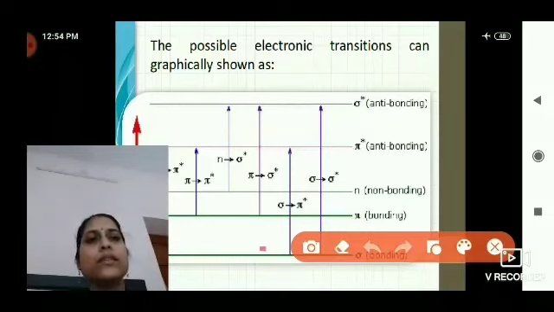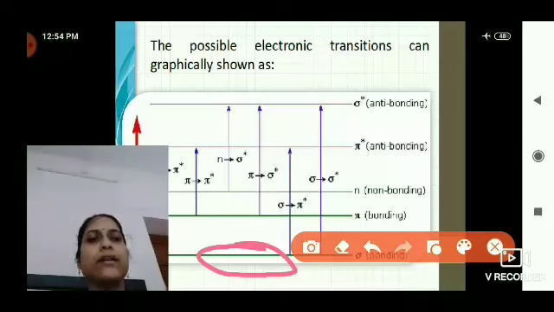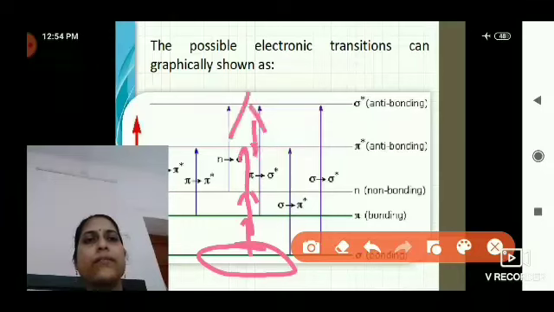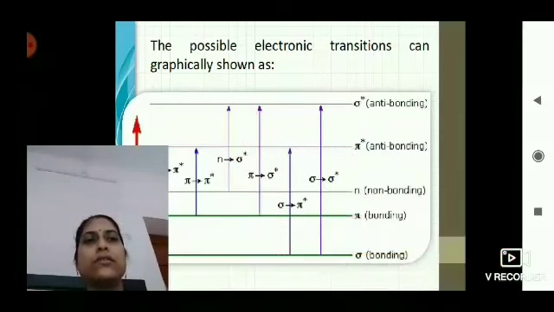The lowest energy state is sigma, bonding, the next one is pi, and the upper one is n, non-bonding, and then the anti-bonding pi star and sigma star. So sigma, pi and n are the bonding orbitals, and sigma star and pi star are the anti-bonding orbitals.